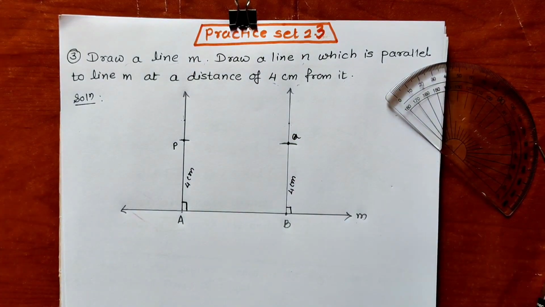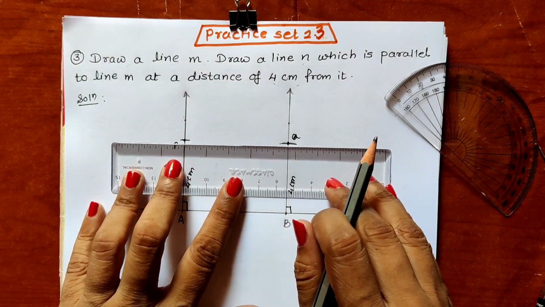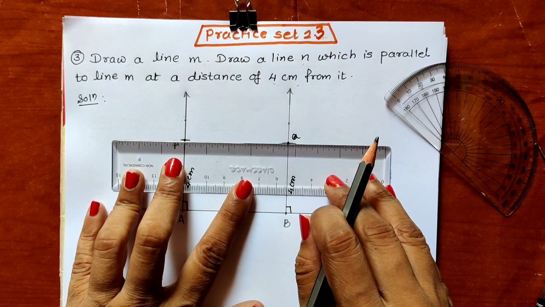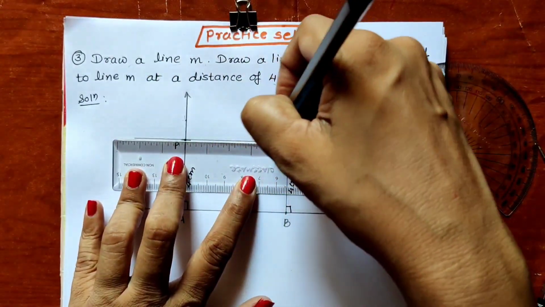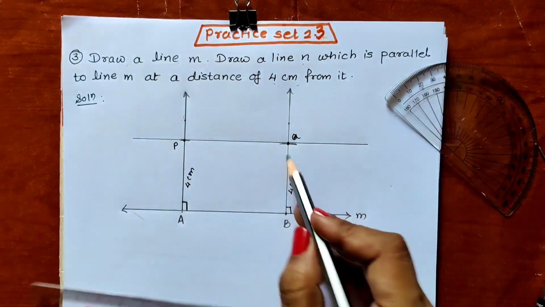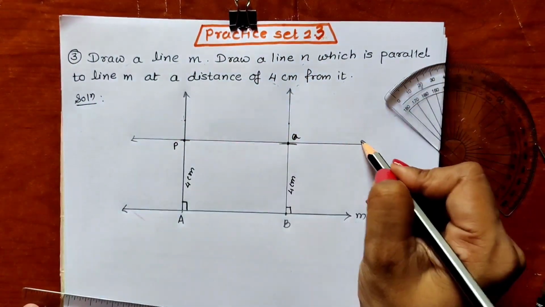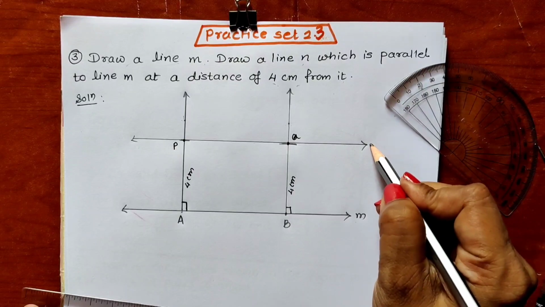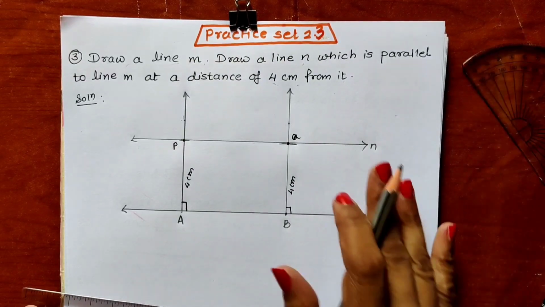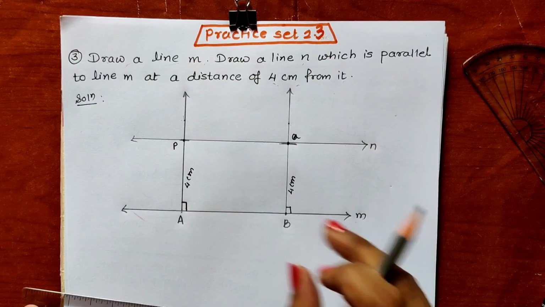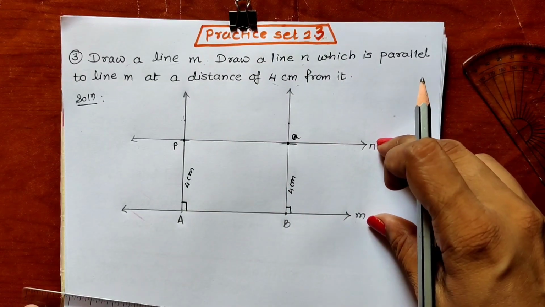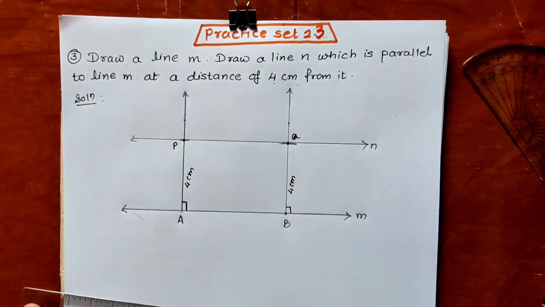Now I will be drawing a line passing through point P and point Q, which will be parallel to line M. So let us draw a line that passes through point P and point Q, and this is line N. In this way line M and line N are parallel to each other, and the distance between these two lines is 4 centimeter.